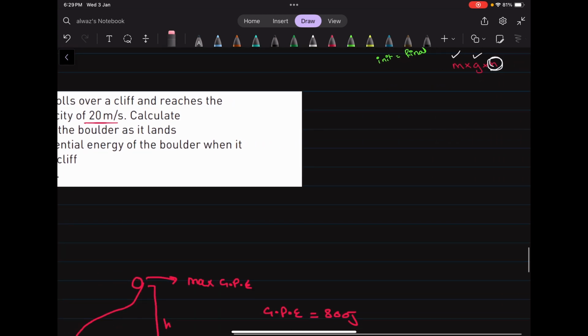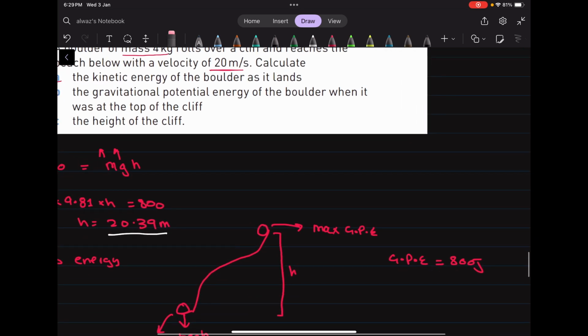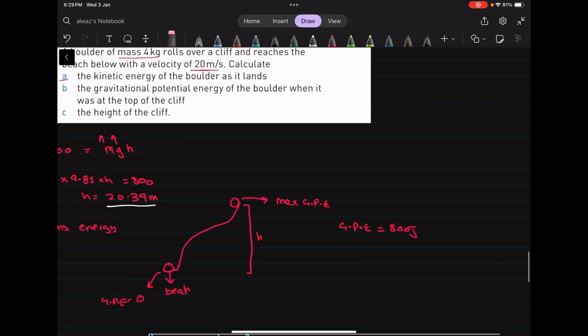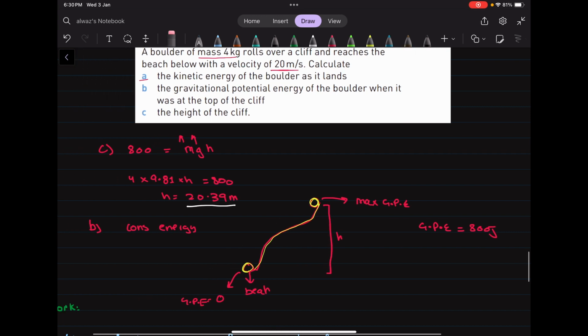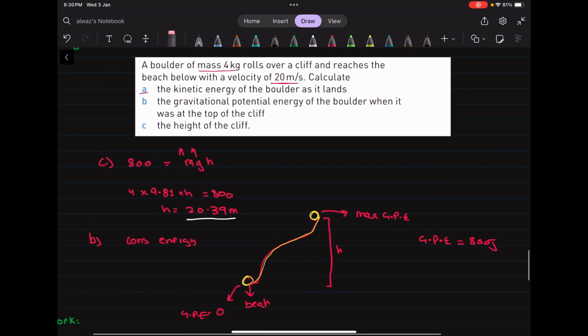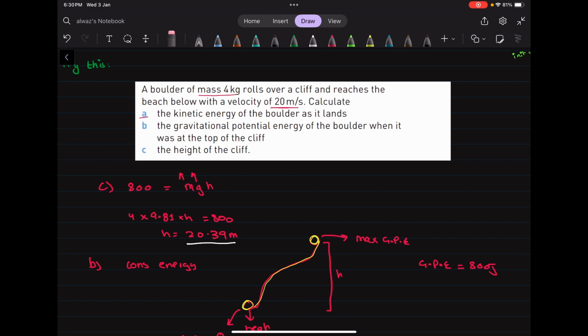If we want to put it in a diagram, we can see here that we have this hill and our boulder is at the top in the start, and then it goes to the beach at the bottom. We need to calculate the kinetic energy of the boulder, which means that we're going to plug our information into our formula, which is 1 over 2 mv squared.